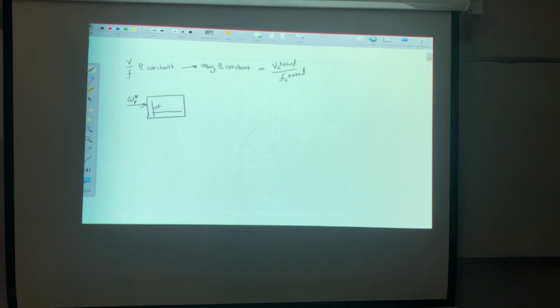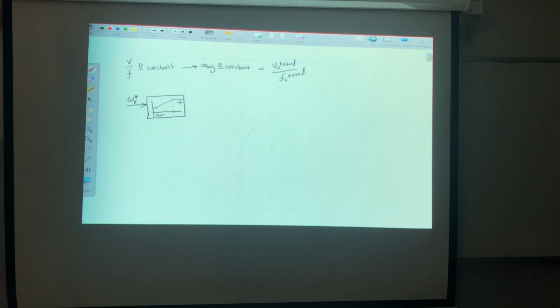So let's assume that I'm specifying omega minimum and omega maximum. From omega min until omega rated, I will follow the constant V over F control. After that, I should fix the voltage.